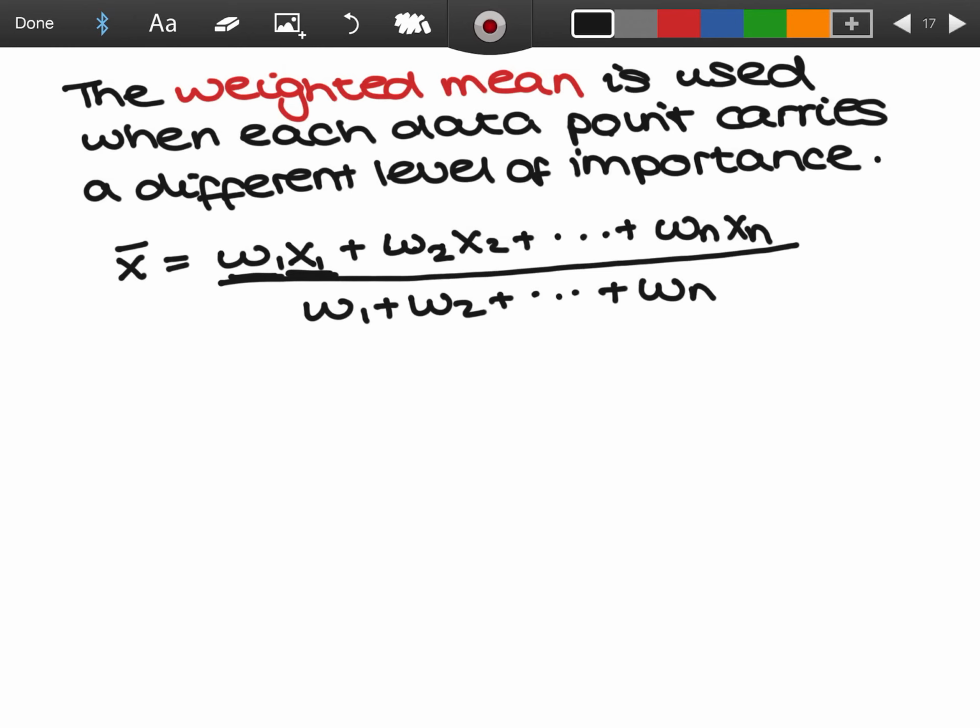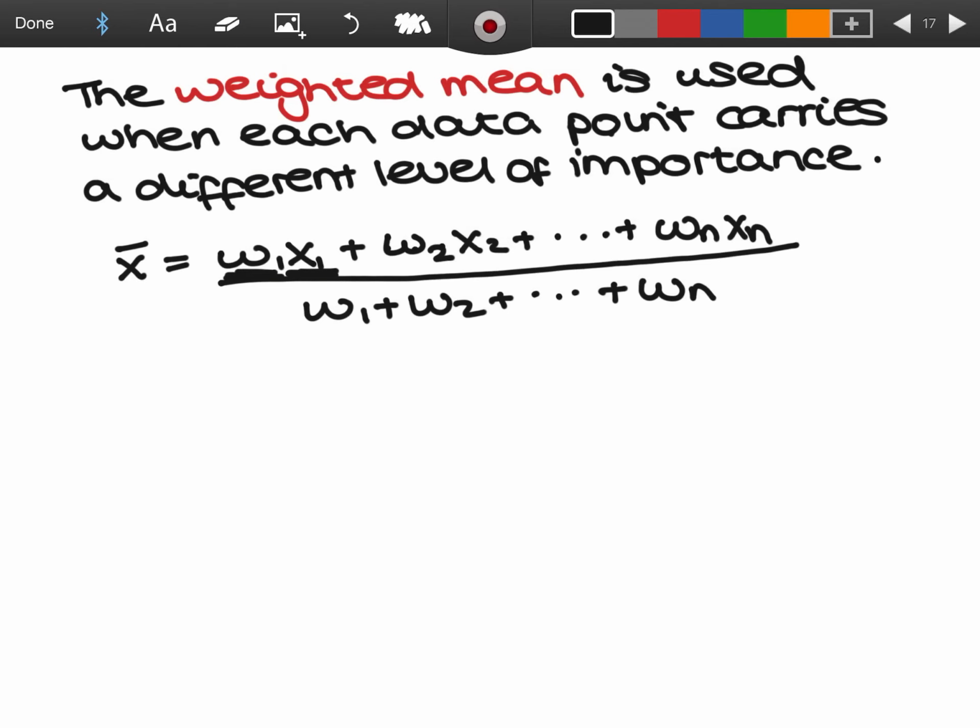For example, normally in a class, let's say your final exam is worth the most of any assignment that you have. In which case, your final exam grade would be X1, and W1 would be its associated weight, and it would be the highest value of any of the W's. Now, W1 isn't always the highest value.